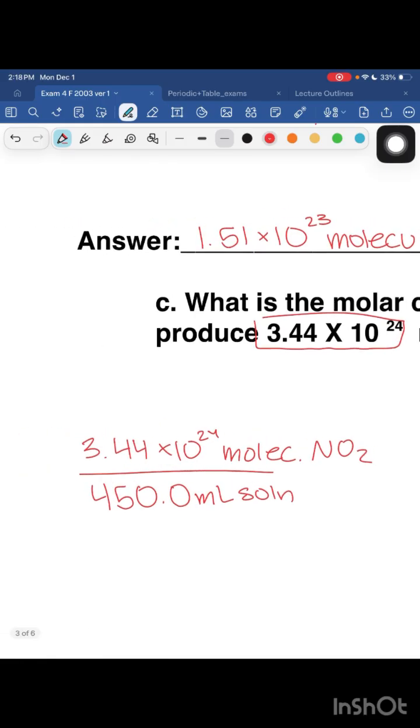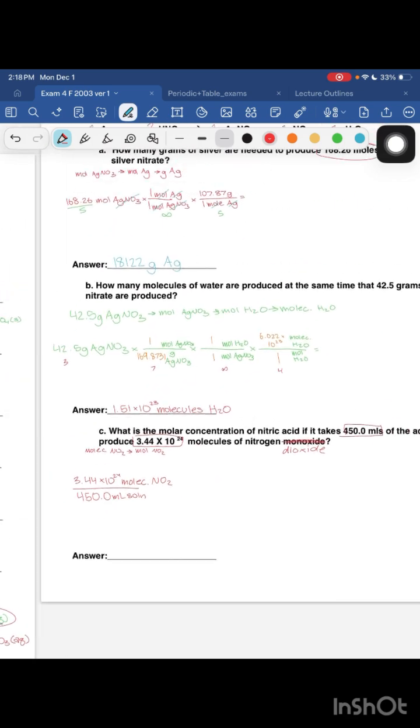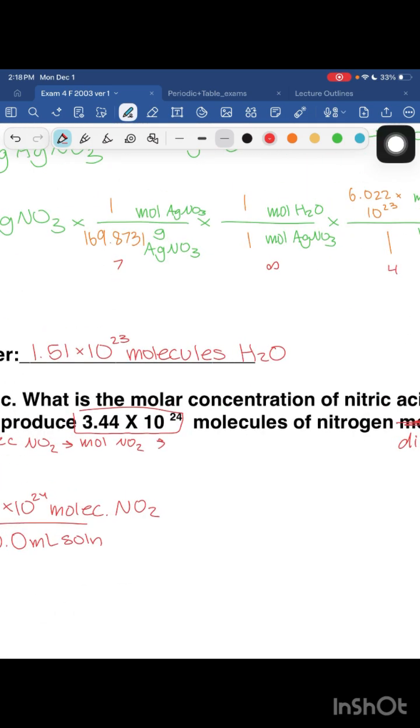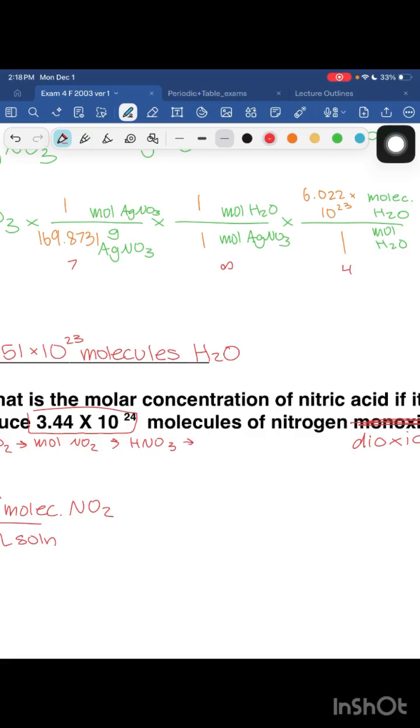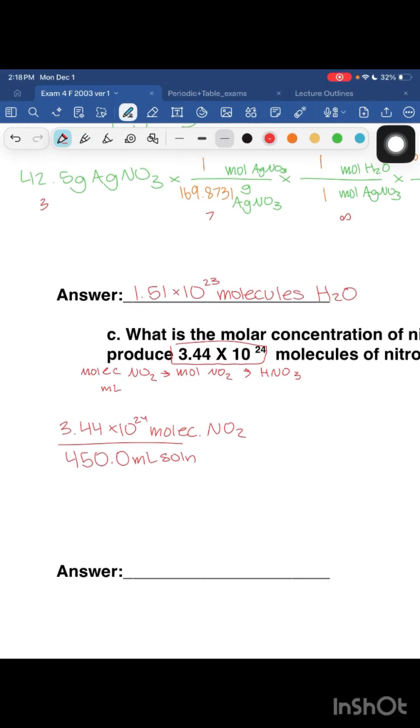So I need to take the molecules of NO2, convert them to moles of NO2, because from there I can get to my acid, the HNO3 moles, and then from there, that's it. From the bottom, I just got to go from milliliters to liters.